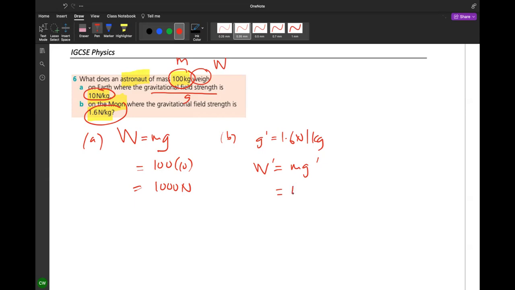So mass is still 100. The g prime is now 1.6. So what is the value now? The value will be 160. Yes, you're right. It's 160.